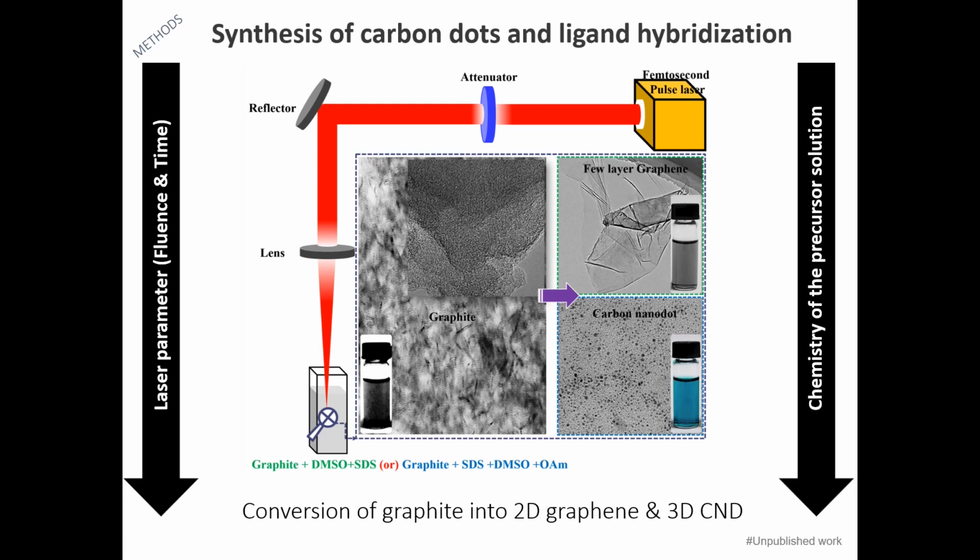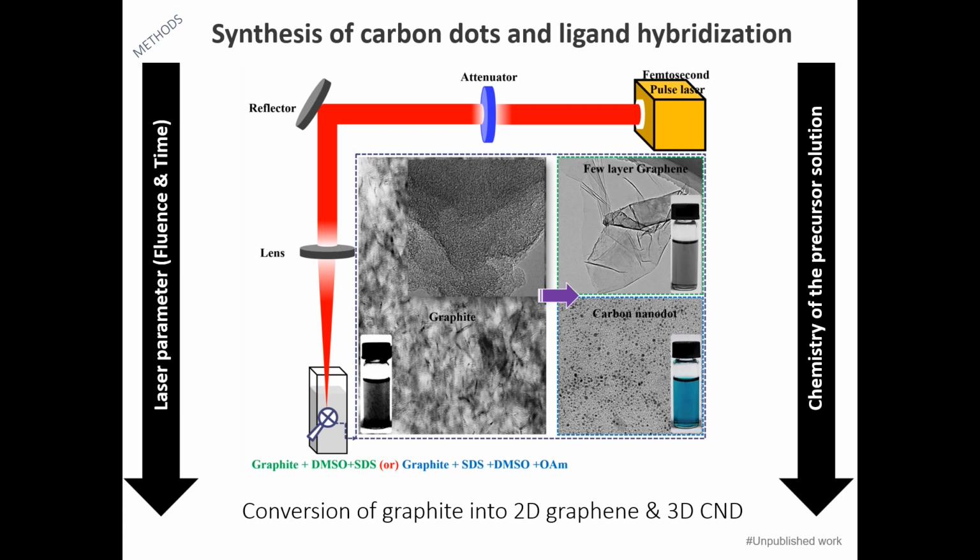This is the cuvette, which we filled with initial graphite, like a carbon, the source coming from biomass. Then we put it into the water solution. Then we increase the different power of the femtosecond laser.